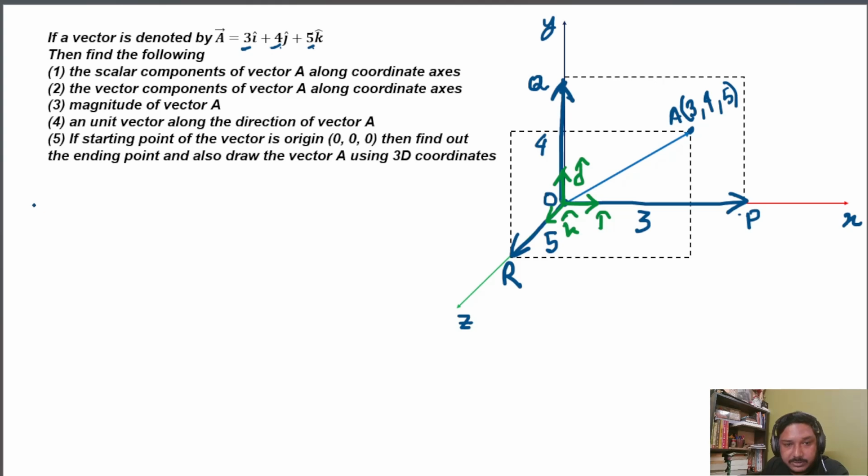Okay, so what will we write here? The first answer is the scalar component of vector A along the 3 coordinate axes.